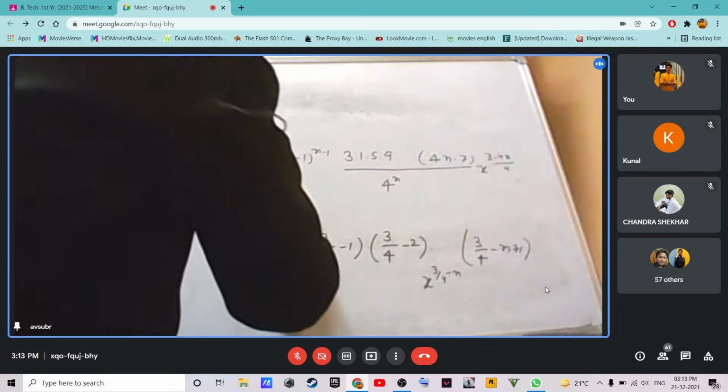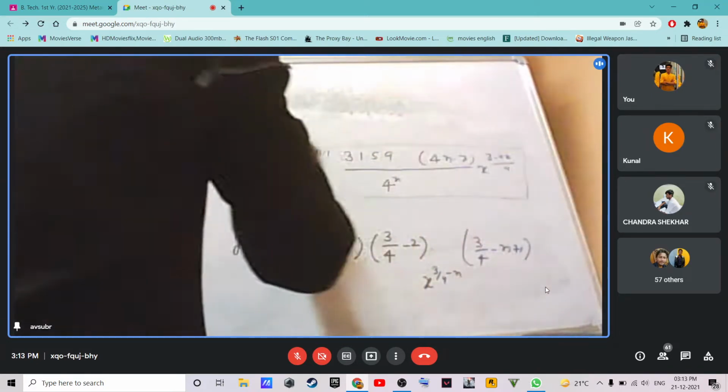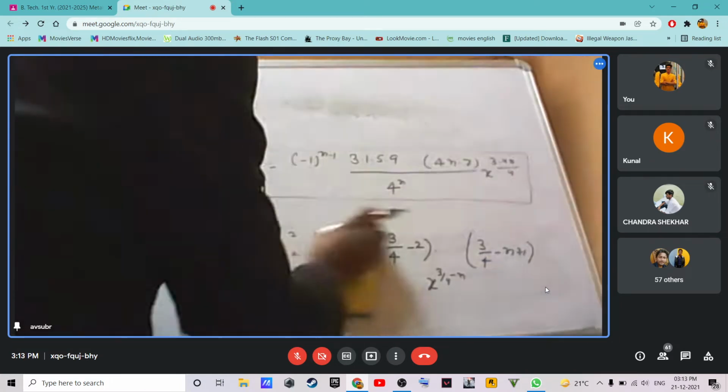So this is what the nth derivative of x to the power 3 by 4 will be.